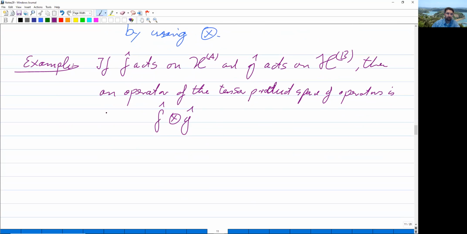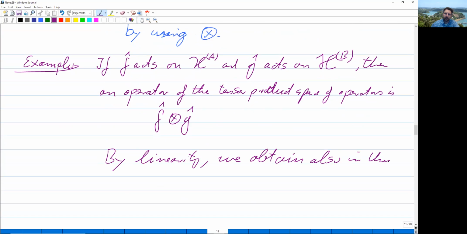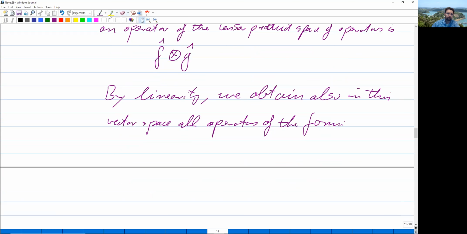Then by linearity, we obtain a richer structure. We obtain also in this vector space all operators of the form sum over i of f hat i tensor g hat i.